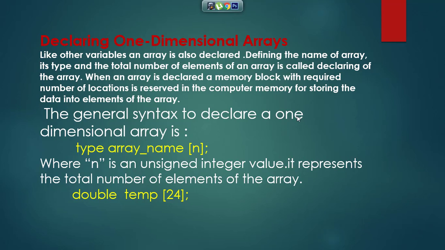The general syntax to declare a one-dimensional array is: type, that is any data type, then the array name, and in the subscript we write the size of the array, an unsigned integer value that represents the total number of elements of the array. In this example we declare a double type array. The array name is temp and the size of the array is 24.